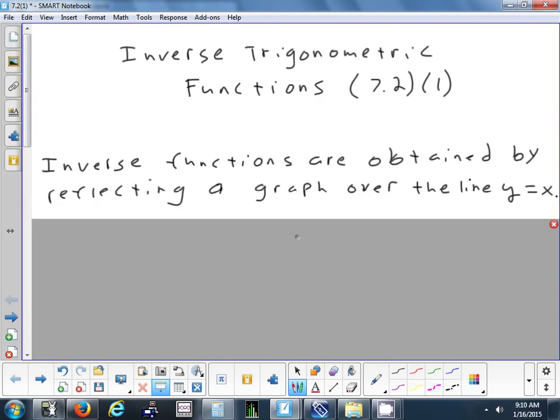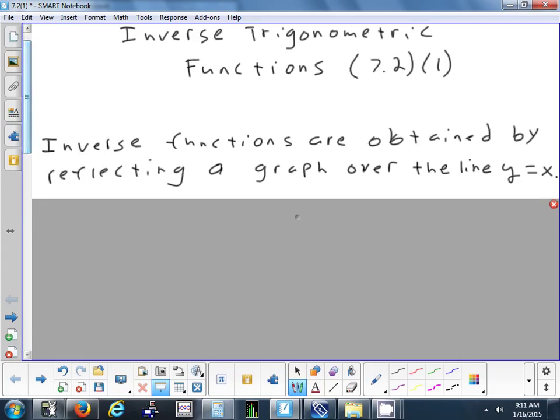First, let's just talk a little bit about graphically the inverse functions. So graphically, the inverse trig functions, or the inverse of any function, it's a mirror image. What's it a mirror image of? It's a mirror image of something over the line y equals x.